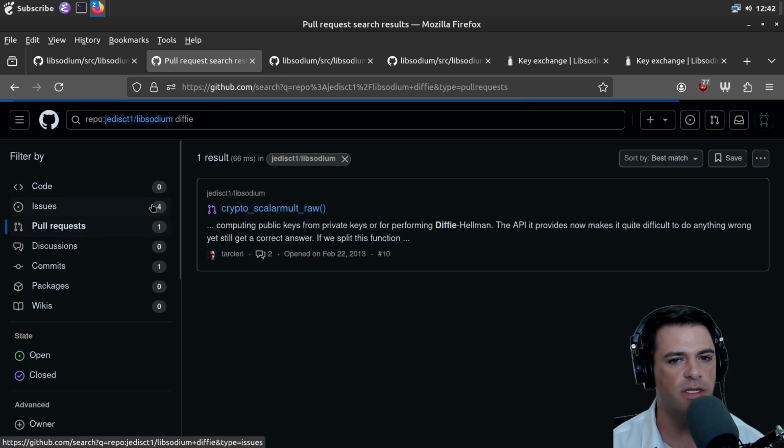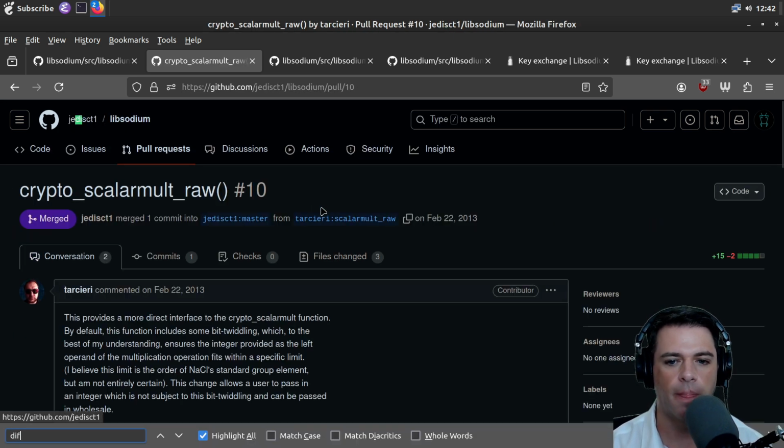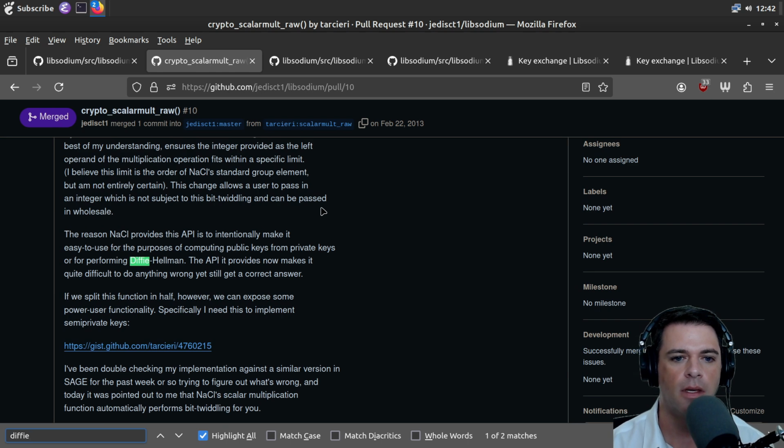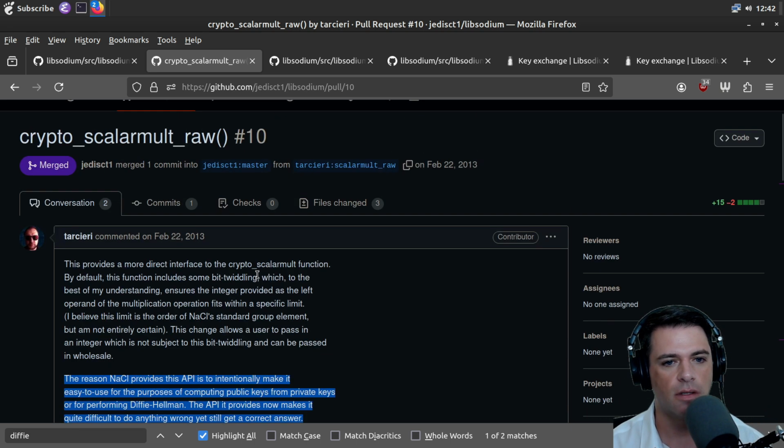We have one pull request that mentions Diffie. Scalar mult raw. The reason NACL provides this API is to intentionally make it easier to use for the purpose of computing public keys from private keys or performing Diffie-Hellman. The API now makes it quite difficult to do anything wrong and yet still get a correct answer.